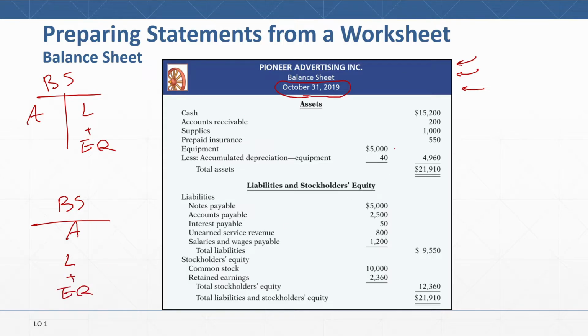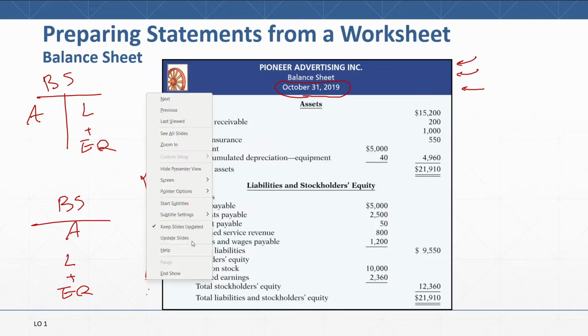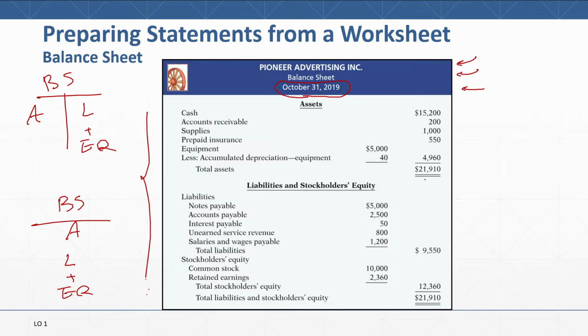We see the same format here. Assets are reported here, the total asset is here, and then liabilities as well as equities together are reported here. Of course, just like the side-by-side format, here the total amounts should match.